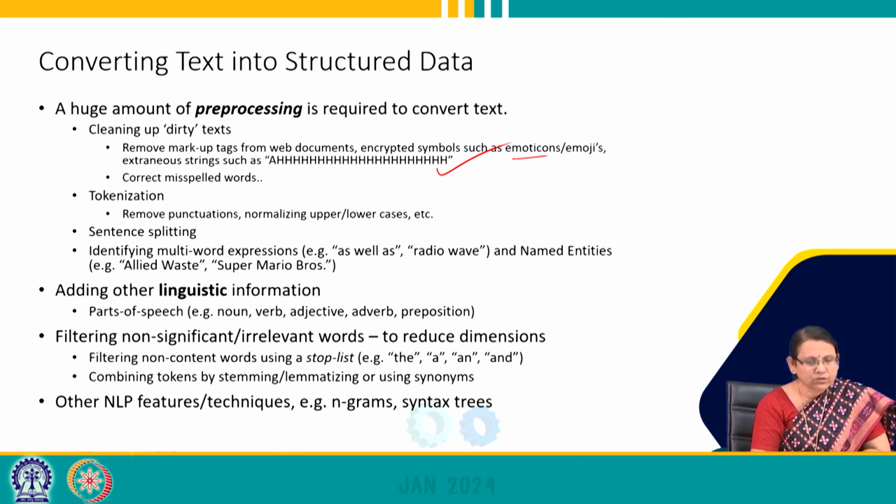Then the next task is you have to tokenize. When you tokenize the data, take a particular sentence, let us say, a huge amount of pre-processing is required to convert a text. So, this is a sentence, and you have to now split this sentence into small parts.